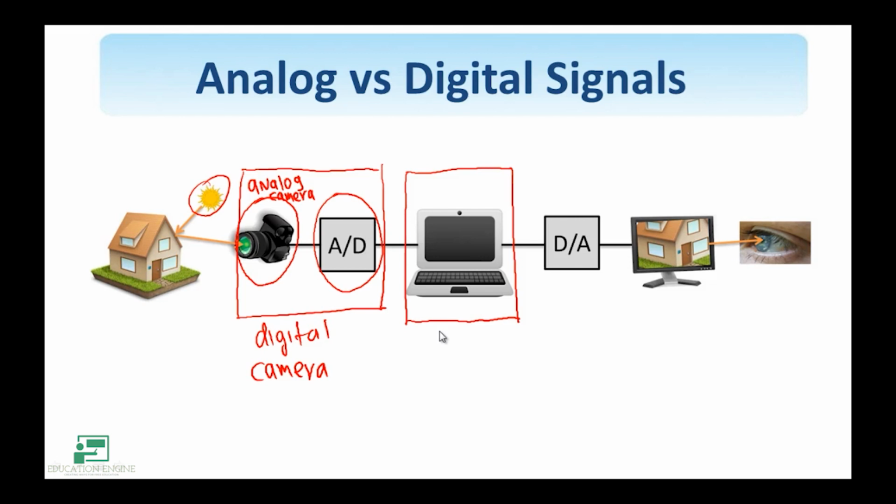So the reverse path is followed, whereby the digital image is converted into an analog one, and this signal then will feed into a monitor, an analog monitor, such as a CRT monitor, that will convert the image into an electromagnetic wave that is going to reach the human visual system, the eye of the observer.